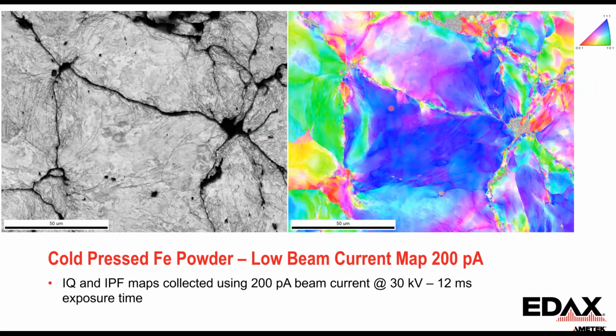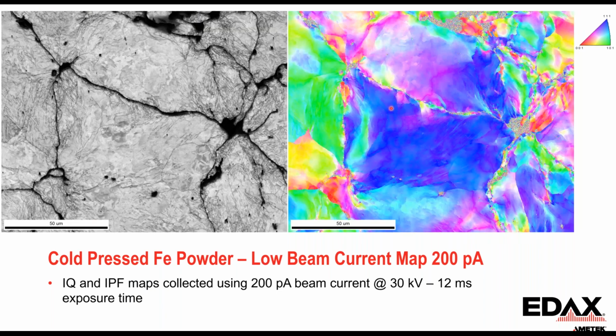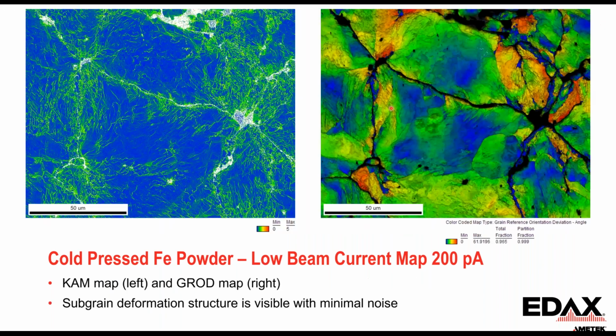So going back to an example like this, what that means is band detection can improve. This is just showing from that deformed powder material. This is what we showed earlier, where we looked at it as a general view. We can look at it with some different map types that are designed to look at the local misorientation that's present in the microstructure. So on the left here is what's called a kernel average misorientation map. The colors here are showing the small misorientations that are present point to point in the material.